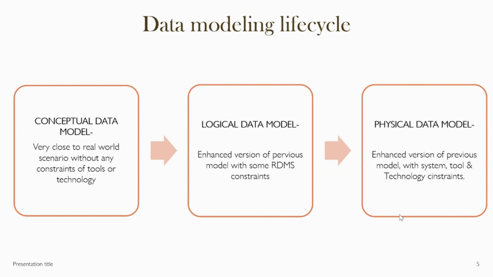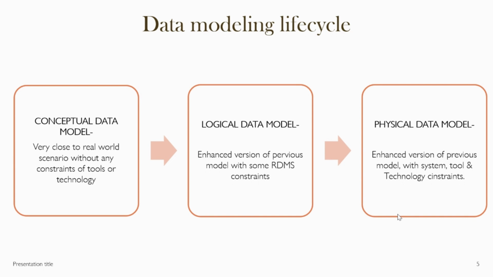Then we have the logical data model. The logical data model goes a bit more into depth than the conceptual data model. So this is the enhanced version of the conceptual data model. It will talk about different constraints or rules. For example, normalization on the database, where it has normal forms like 3NF.